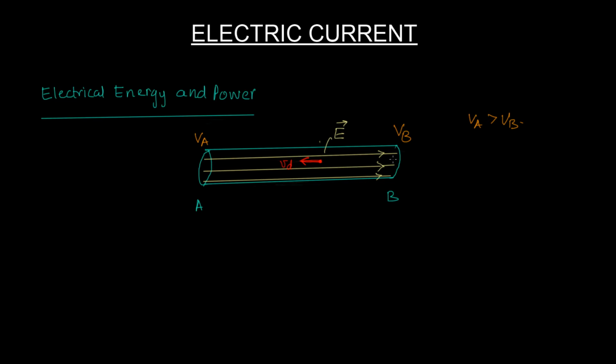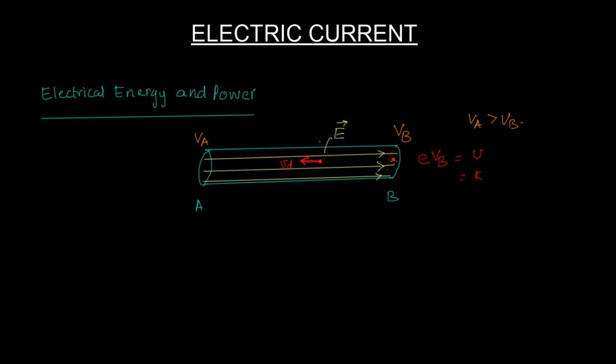Now let's try to track an electron which is at this end. What is its potential energy? Its potential energy is EVB, correct? What is its kinetic energy?